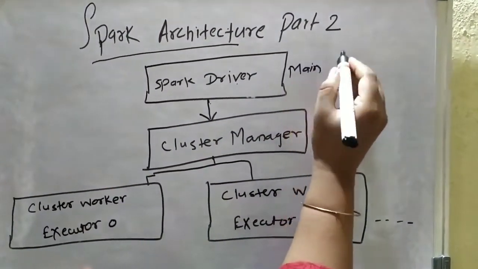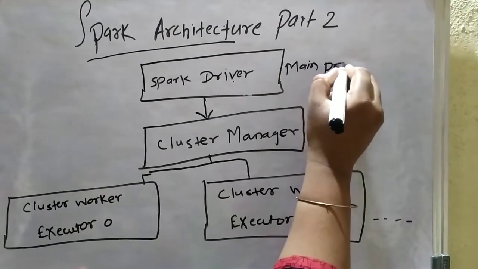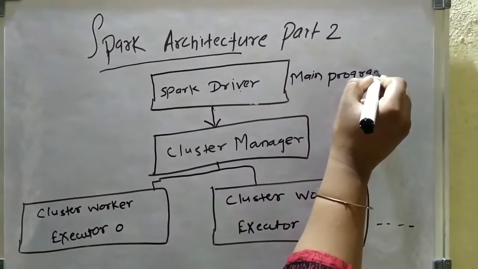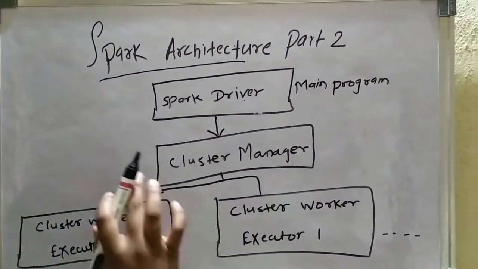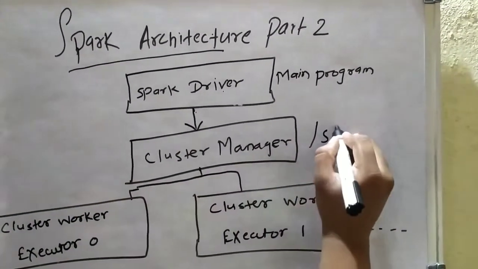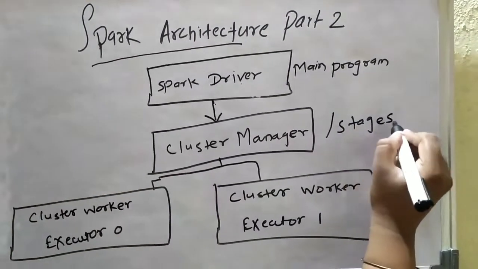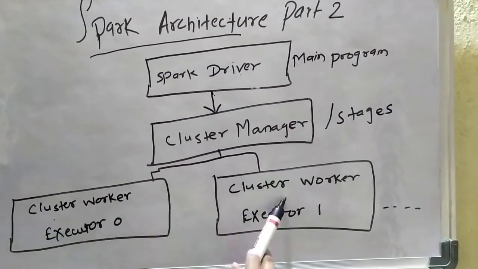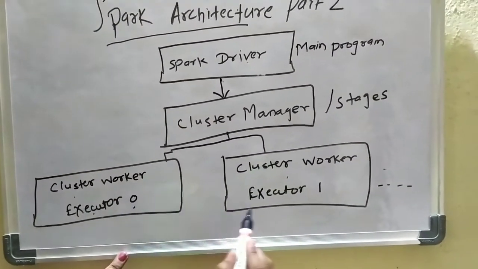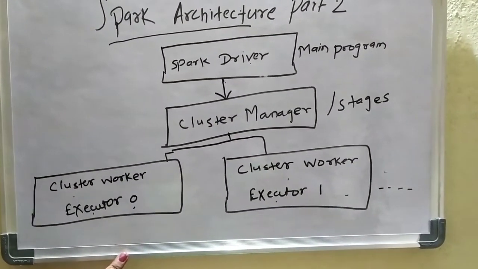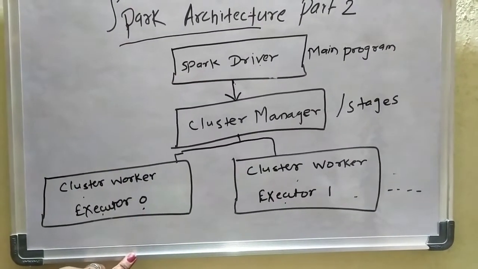As I told you before, the Spark driver is the main driver program which takes the input, and it provides the input to the cluster manager, which is located along multiple machines, and the cluster manager divides it into multiple stages and provides the input to the cluster worker. In the cluster worker there are multiple executors, as executor 0, executor 1 and executor 2.